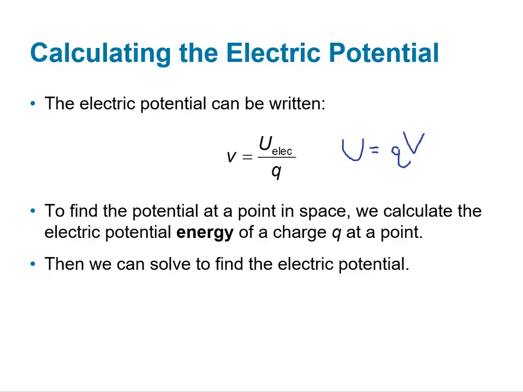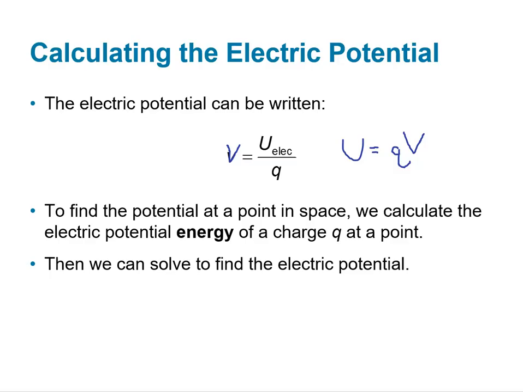So if we rearrange this equation, this should be a capital V. Potential is equal to potential energy divided by charge. So if you want to find the potential, you would just find the potential energy and then divide it by the charge. We're going to look at three different cases where we will calculate the electric potential.